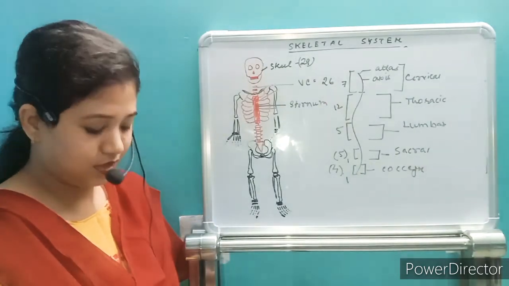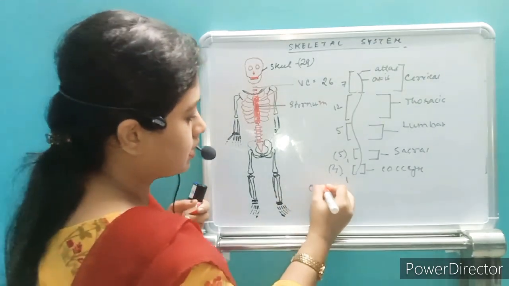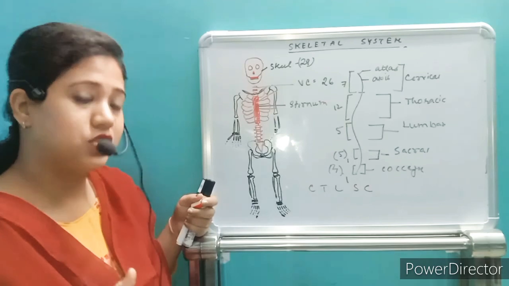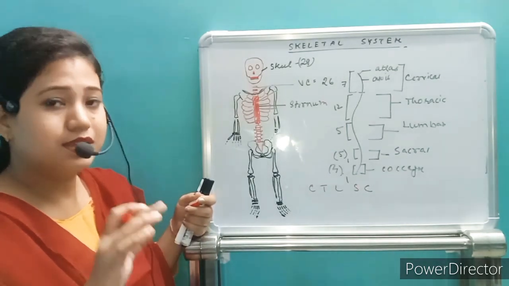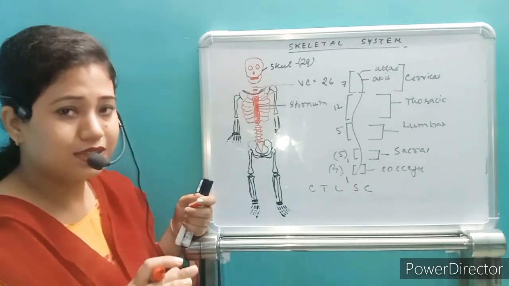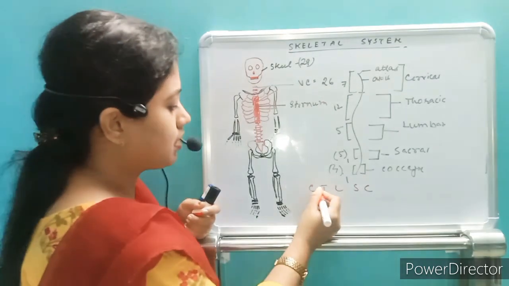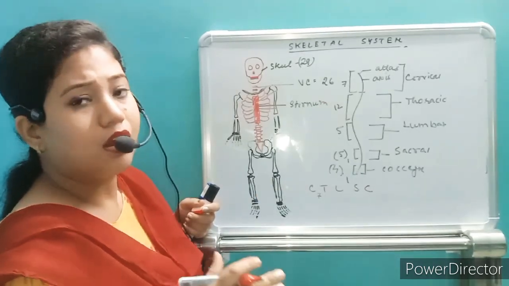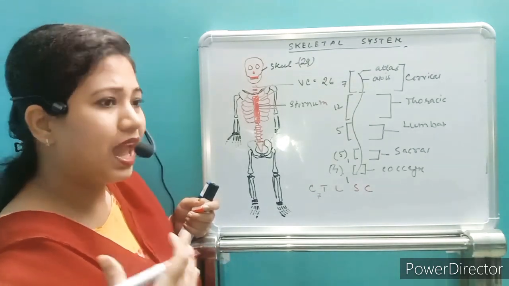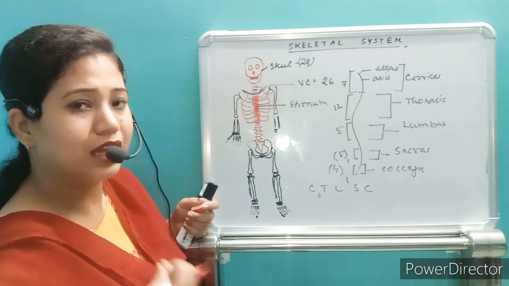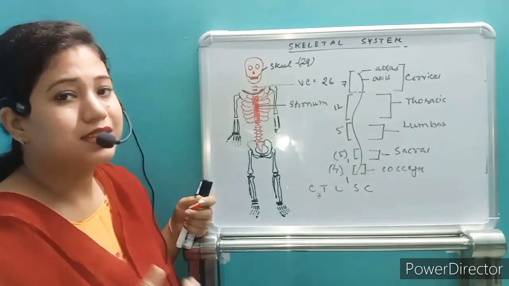Okay, so how many bones are going to be present? From the first, for the vertebral column, we can write the formula as this: CTLSC. That means there are 5 regions in the vertebral column. C for cervical, thoracic, lumbar, sacral and coccyx. In the cervical region we have 7 bones. In every mammal, whether it is a giraffe or any type of dog, human, cat, goat, every vertebrate mammal, we are going to have 7 bones.